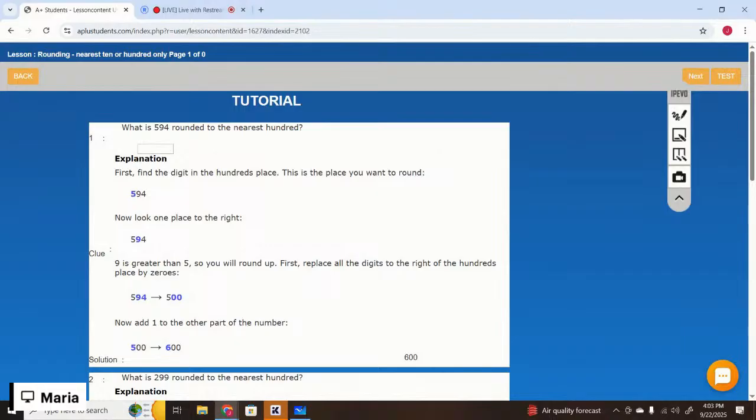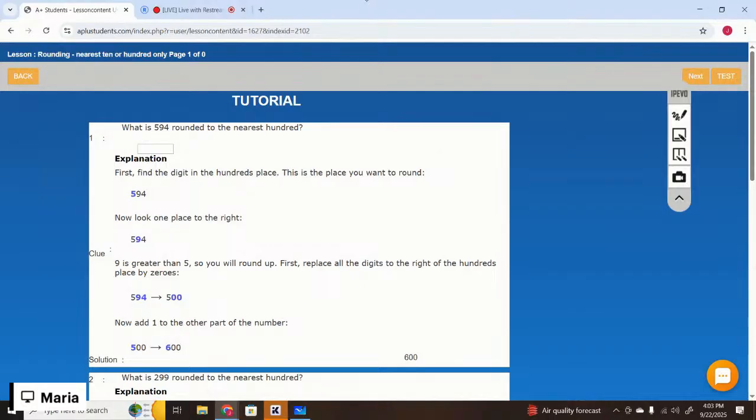What is 594 rounded to nearest 100? So look at the digit that is at the hundreds position, right? So 5 is at the hundreds position.